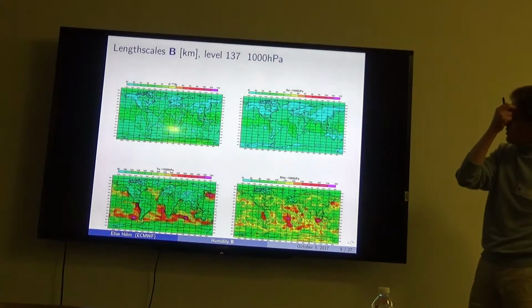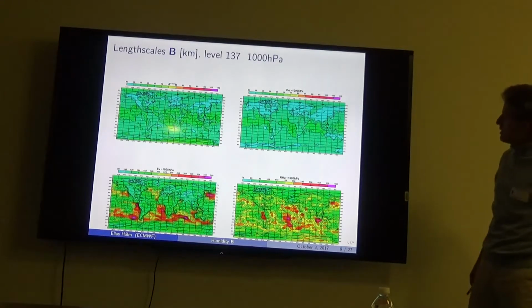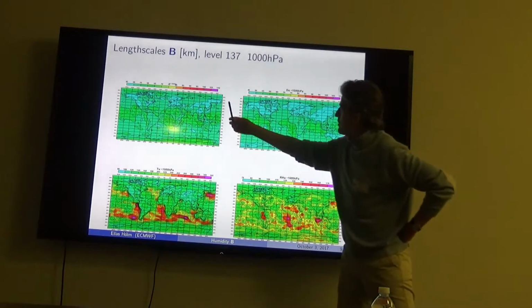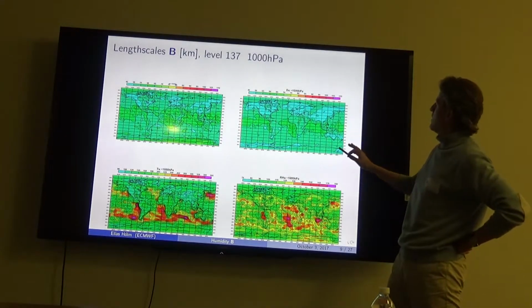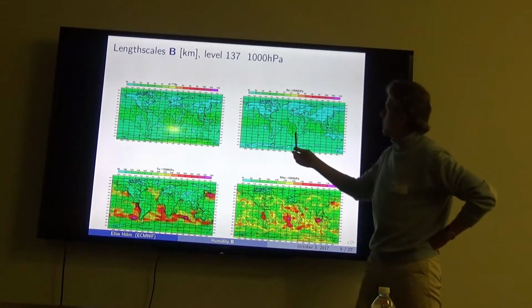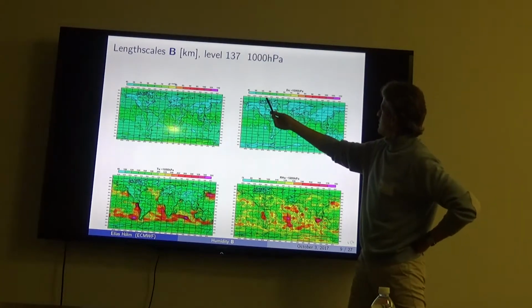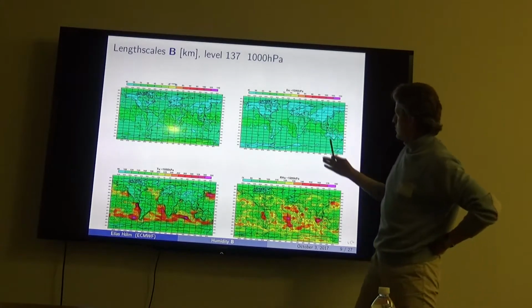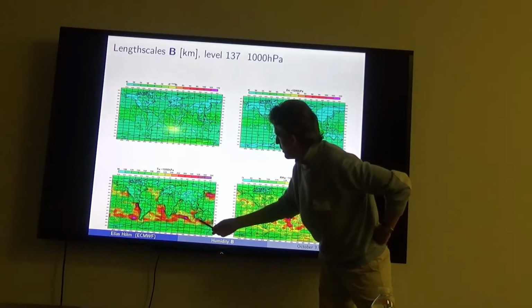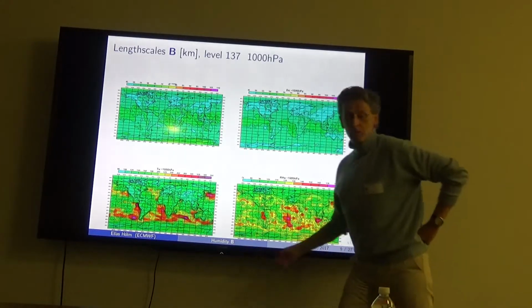Now we're down at the surface, length scales again. The maximum here is at about 110 kilometers, and most of the length scales here in the dynamic fields are at about 40 to 60 kilometers. In temperature, of course, we are up to 300-400 kilometers, where it is maximum.